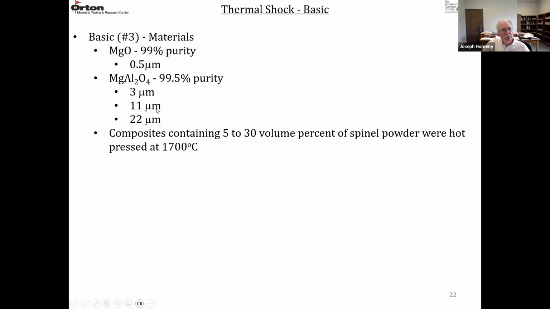And they used 3 different sizes to disperse in the MgO matrix: a 3 micron, an 11 micron, and a 22 micron particle size. And composites were fabricated from 5 to 30 volume percent spinel powder at these 3 different particle sizes. And they were hot pressed at 1700 degrees C to densify them.